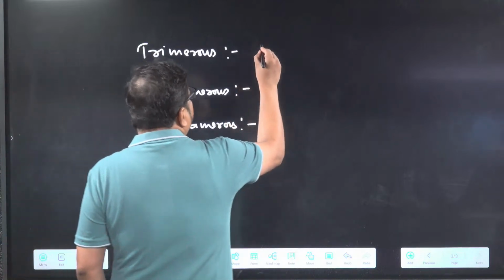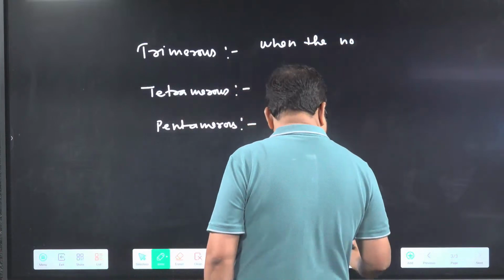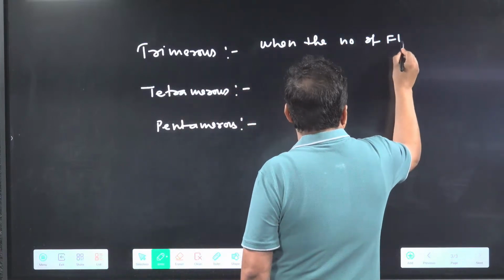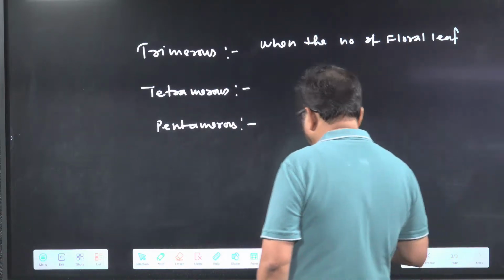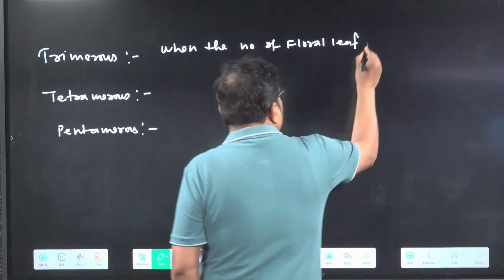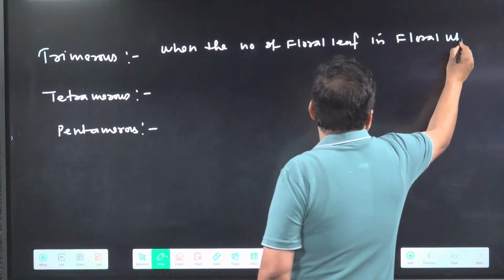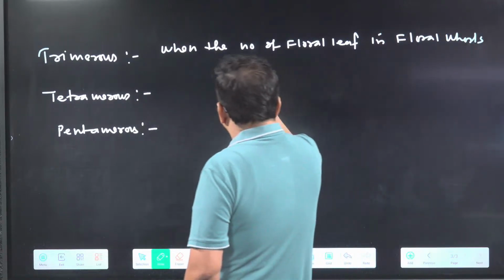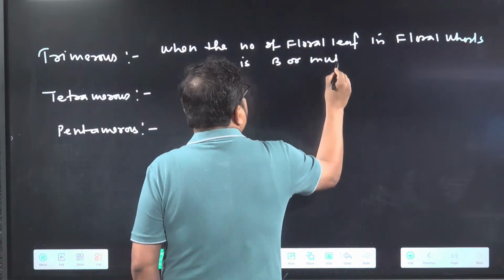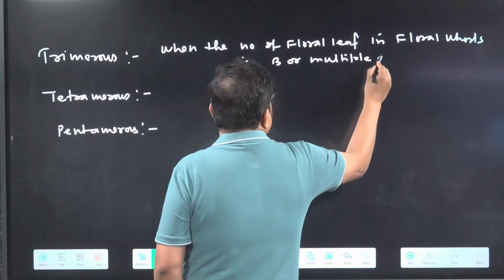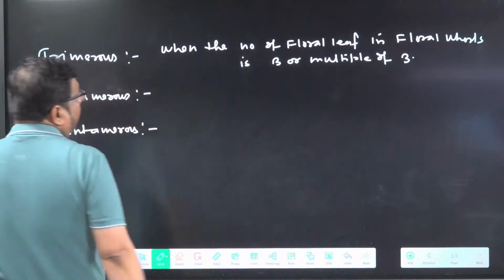So when the number of floral leaves in a floral whorl is 3 or a multiple of 3, we use the word trimerous.